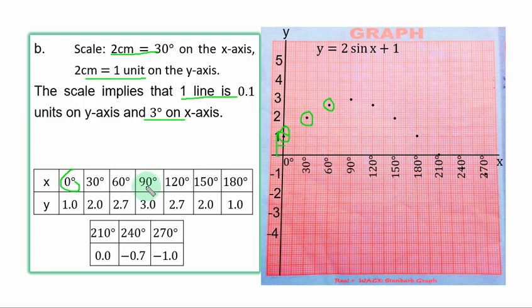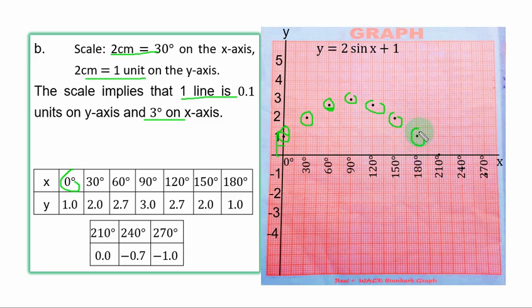When s is 90 degrees, y is 3. Easy to locate. When s is 120 degrees, y is 2.7, the same point with this. So you just trace it and you mark that point. When s is 150 degrees, y is 2.0. When s is 180 degrees, y is 1.